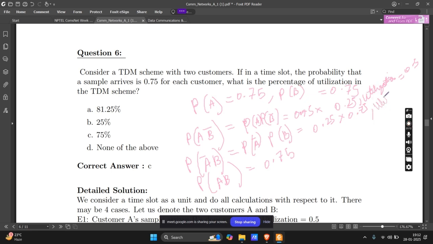The same holds for the complement case, A-bar B: the utilization is only half because only one of the channels is getting used. But in PAB, both channels are getting used, so utilization is 1.